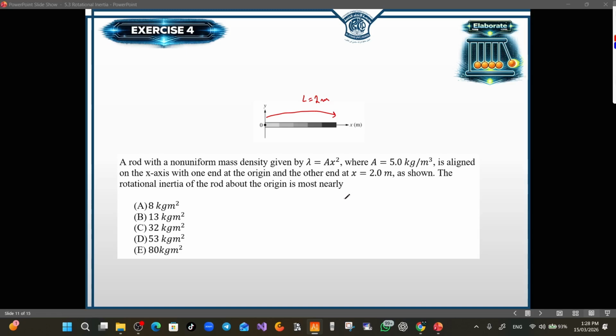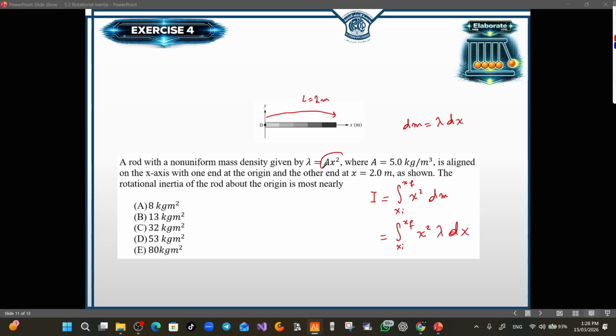Now this case is an extended object, so to find the inertia we need to rely on the integration from x initial to x final of x squared dm. Now dm can be expressed as lambda dx, so it is equal to the integral of x squared lambda dx.